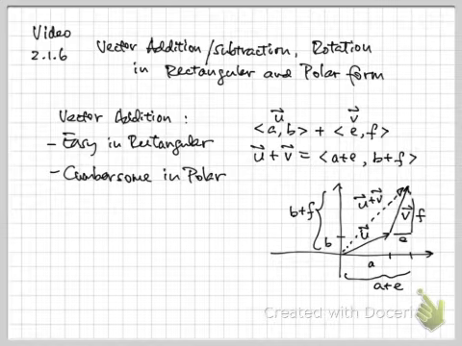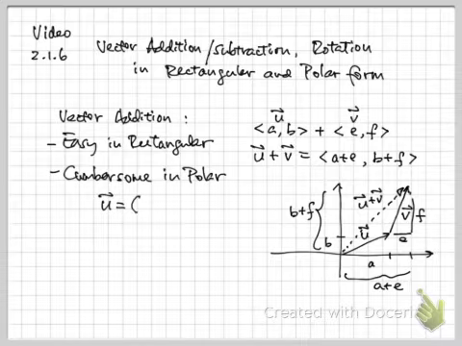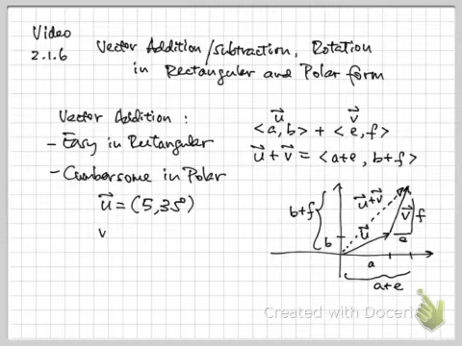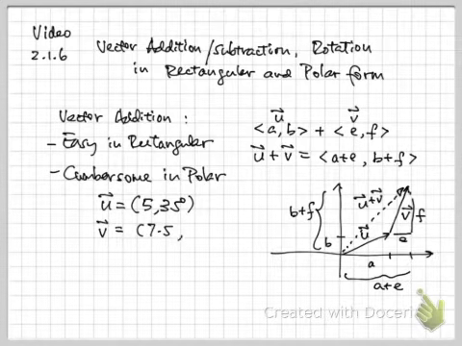But what if you're given two vectors in polar form? So instead of u given in rectangular, I'm going to say it's 5 units at 35 degrees, and v is 7.5 units at 120 degrees.